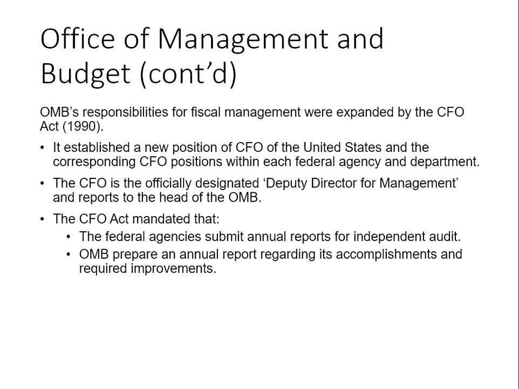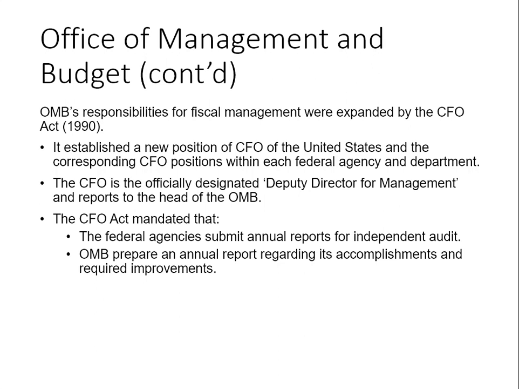The OMB's responsibilities for fiscal management were expanded by the CFO Act of 1990. Basically, the CFO Act established a new position of CFO of the United States, and there are corresponding CFO positions within each federal agency and department. Now, previously, there were no CFOs.